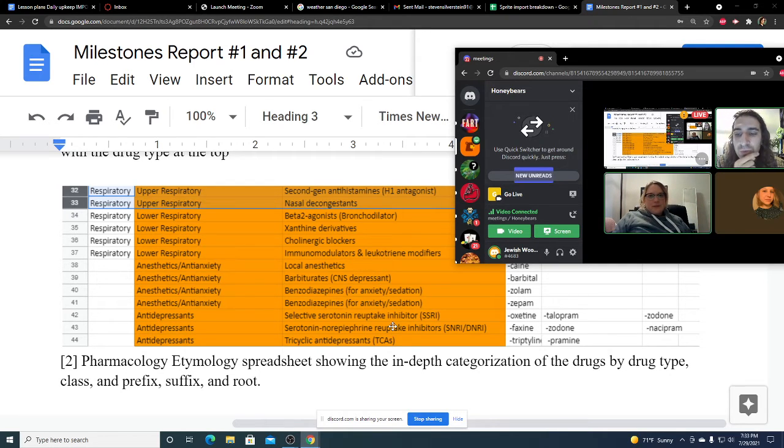So for this one, the indication would be there's not enough of it in the synapse, so we're going to slow down the reuptake so that it gets plentifully filled. And then the contraindication is, oh my gosh, we slowed it down too much, and now it's flooded.